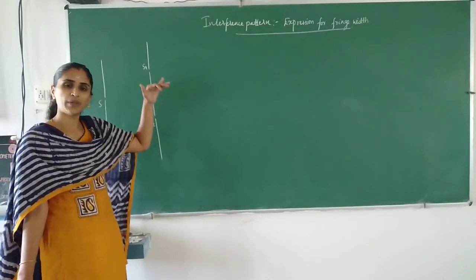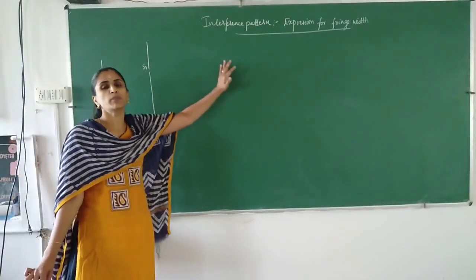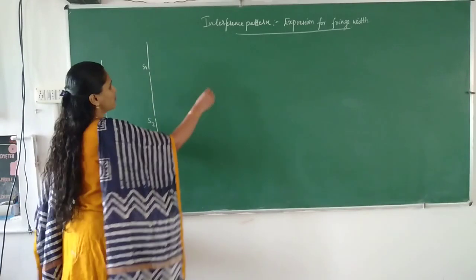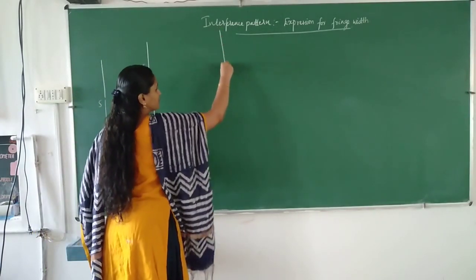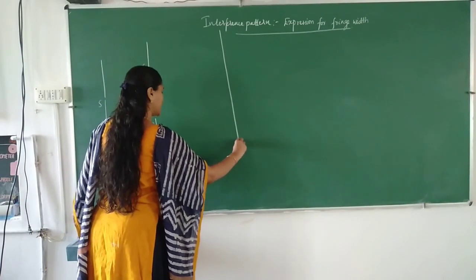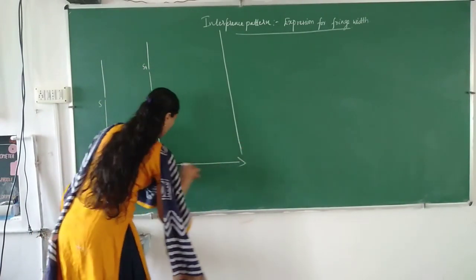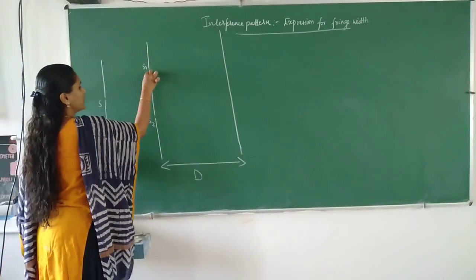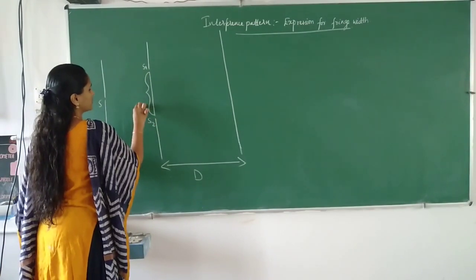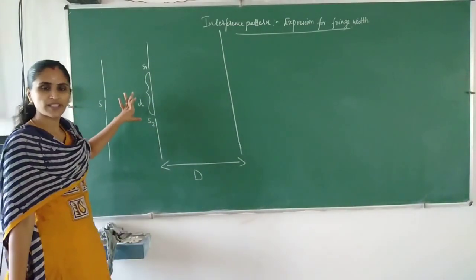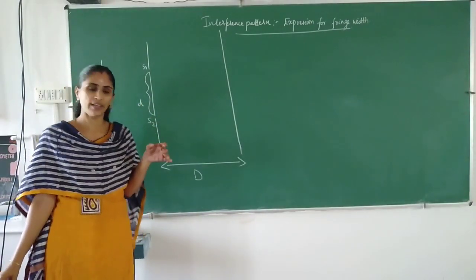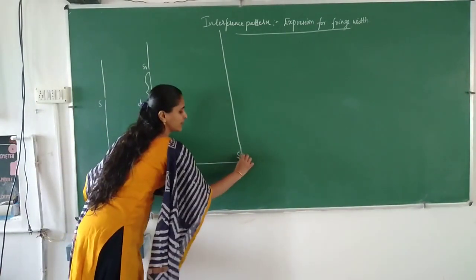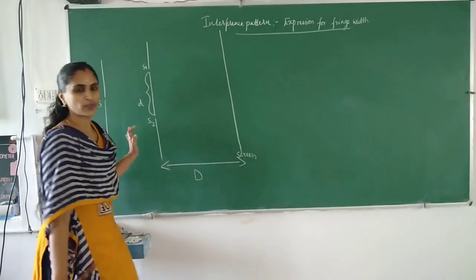From these, light will proceed and superimpose in this region, and to observe the interference pattern a screen is kept at a distance D from the two slits. Small d is the distance between these two slits, which will be in the millimeter range, and capital D is the distance between the slits and the screen, which will be in the meter range.